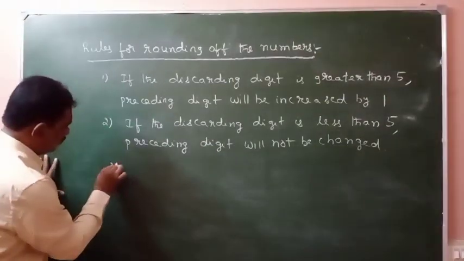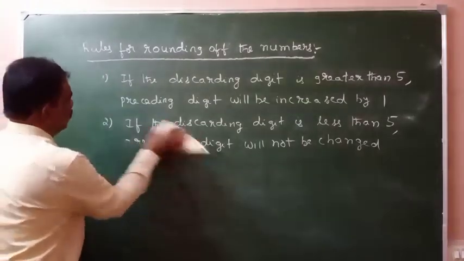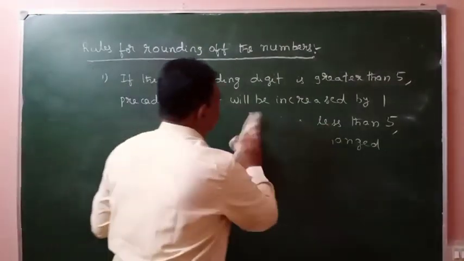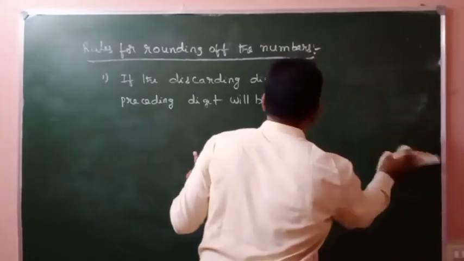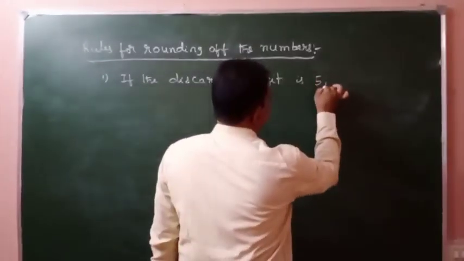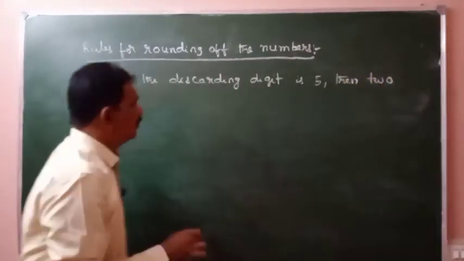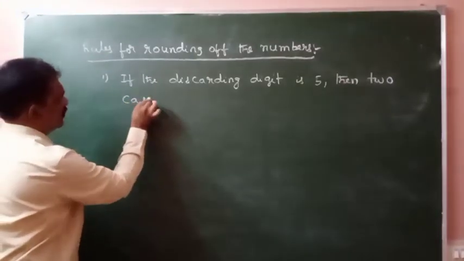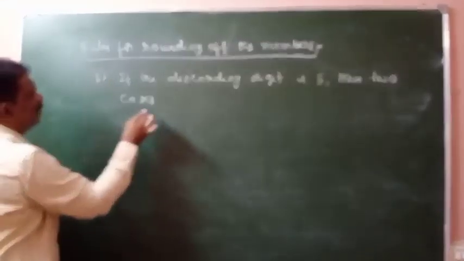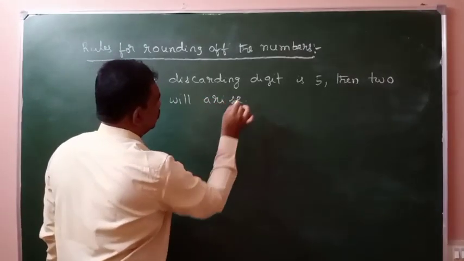Next, the third one. What is that? If the discarding digit is 5, then 2 cases will arise.